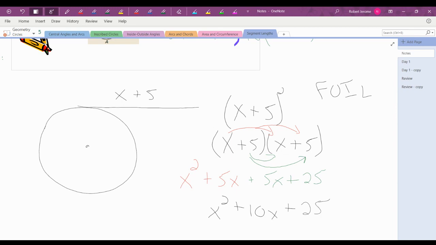So I'm just reminding you of how to do polynomial distribution. Okay, so this is really important that you recall how to do this. We've been doing it throughout the year on and off. We haven't done factoring in a lot of things with quadratics, but we have done multiplication and foiling. So you're definitely going to see some problems that require this.